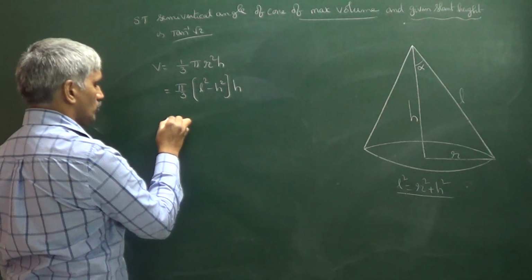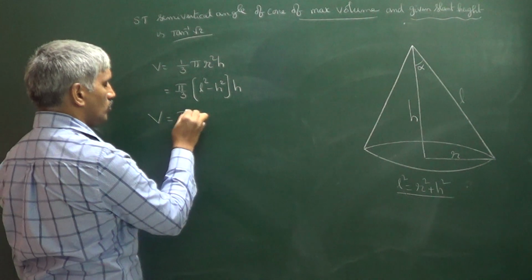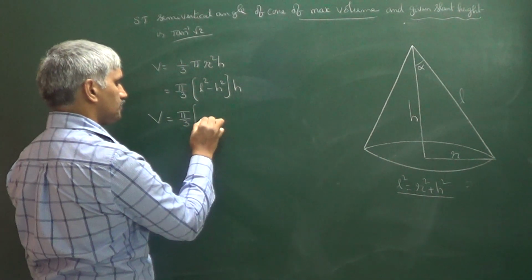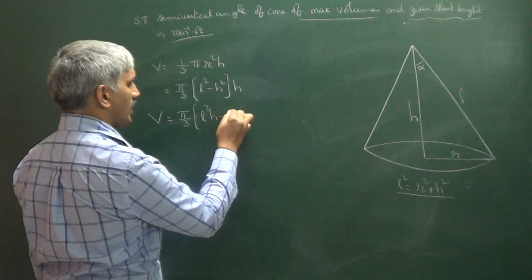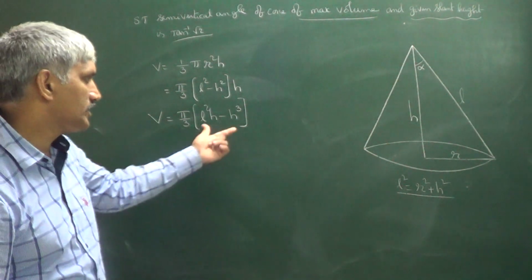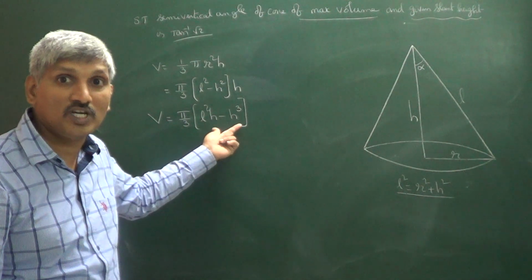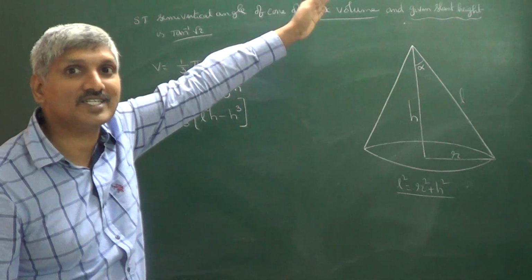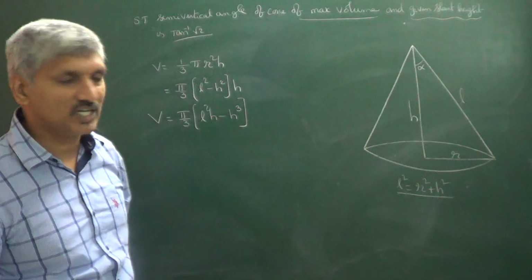So volume is equal to pi by 3 into L square H minus H cube. That is the volume function with a single variable H. H is the only variable because L is the given slant height, so L we can take as a constant.